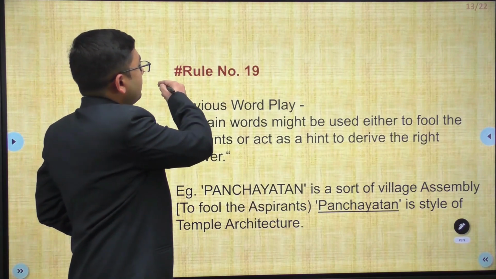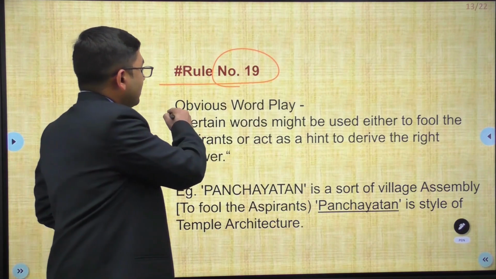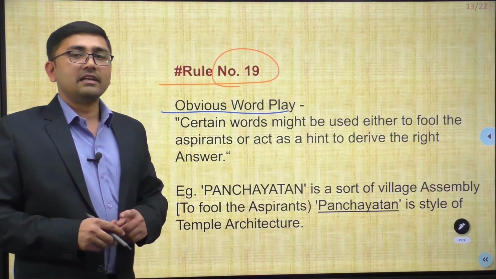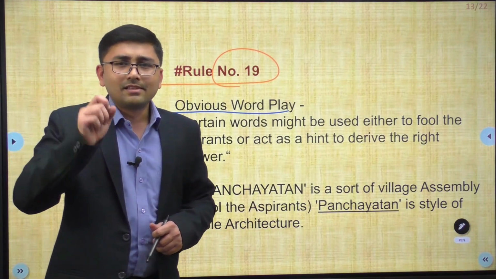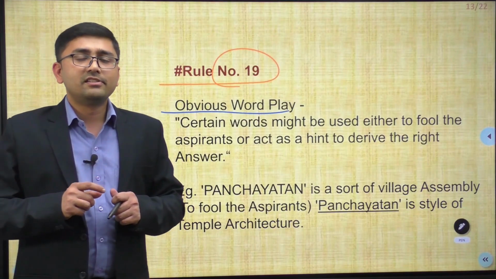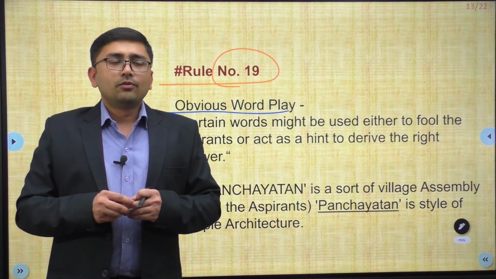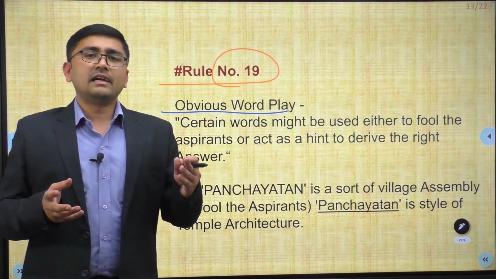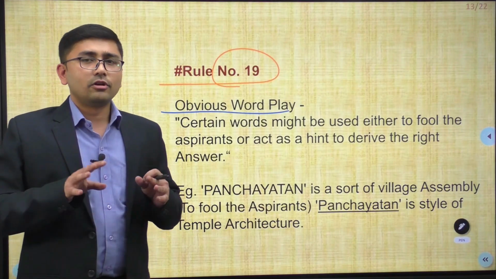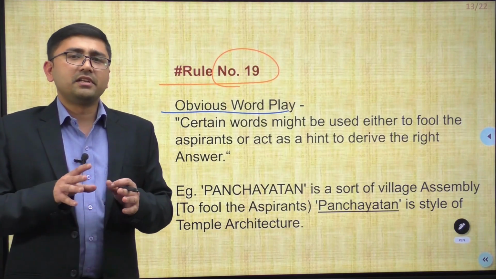Now come to rule number 19. What is rule number 19, sir? Rule number 19 is obvious wordplay. Let's say someone is coming to Delhi, someone is going to Chennai and Bangalore, for UPSC preparation. The one who is very serious about his preparation will prepare.